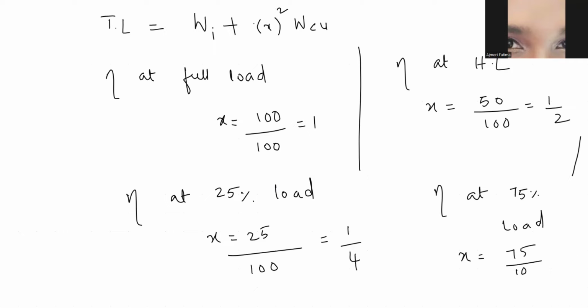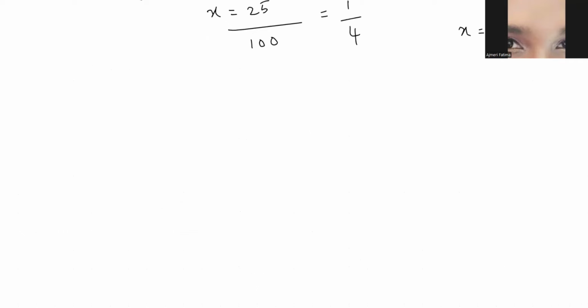Now let us quickly solve one problem. So, solution. Let me tell you what the question looks like. In the question, you will be given how much kVA and what the losses are, and you will be asked to find the efficiency at half load or full load.